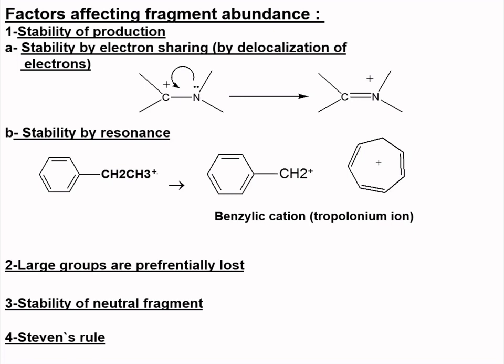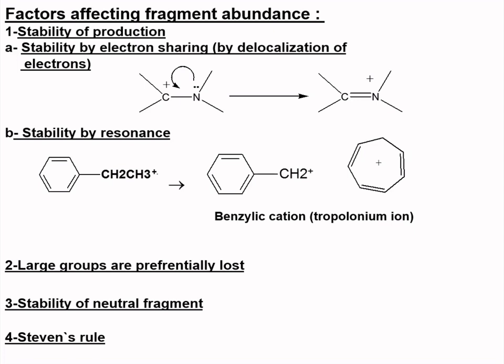Here we summarize the factors which influence the formation of the fragments, or fragment abundance. If the abundance is high, it means the fragment is stable. The first factor which influences the abundance and stability of the fragment is stability of the product by electron sharing and delocalization of electrons.